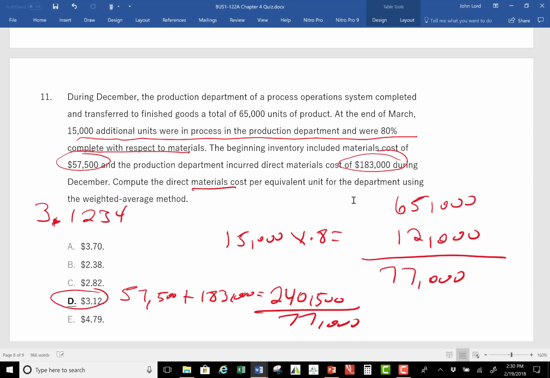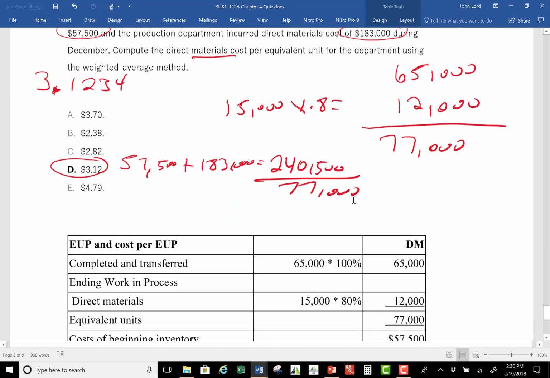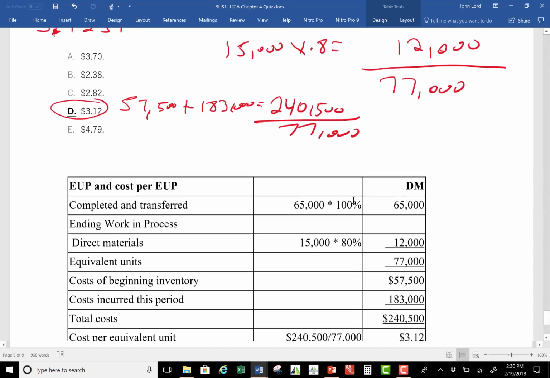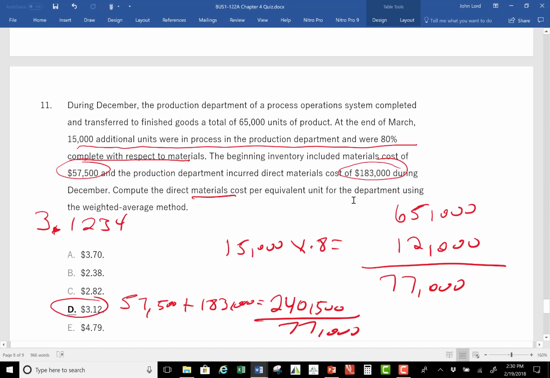Okay, good. All right, so if we wanted to do the journal entry stuff on this, if we wanted to do the work in process account, let's do it up here so we can see the numbers we're working with. Of course, I'm always slammed in a corner when I do this.